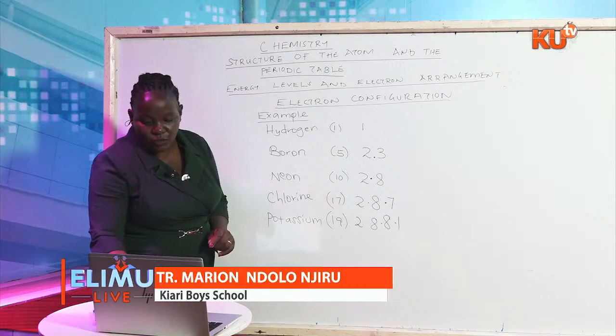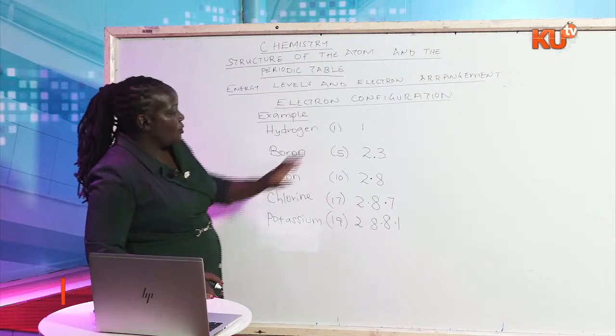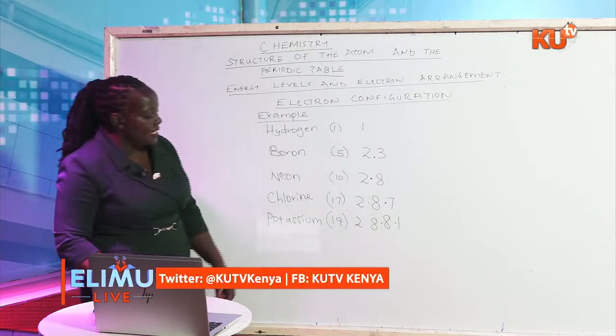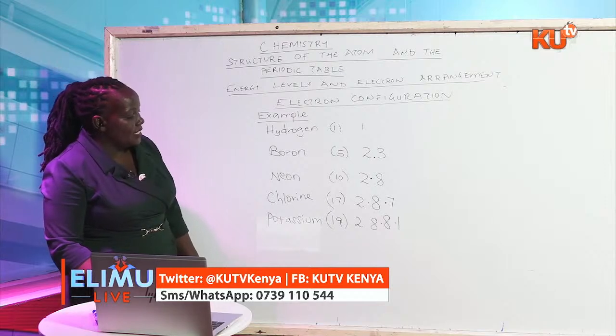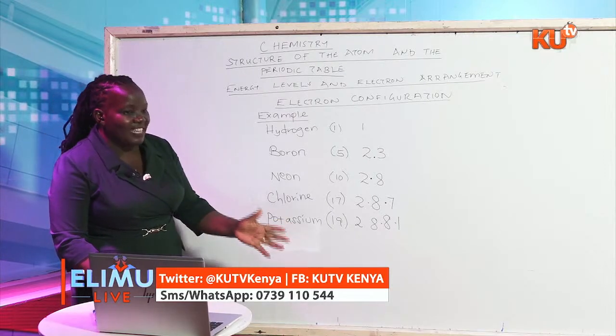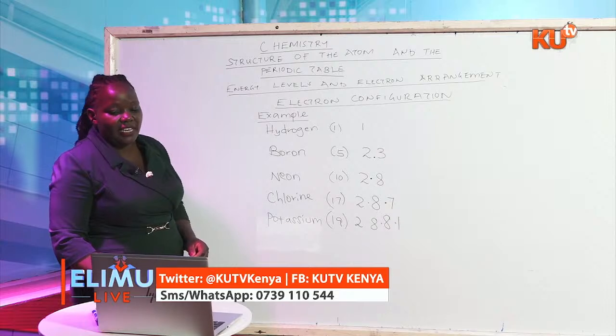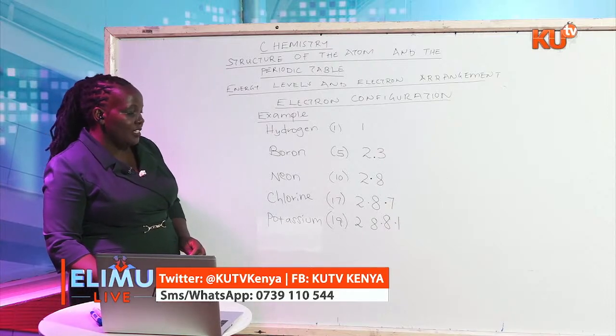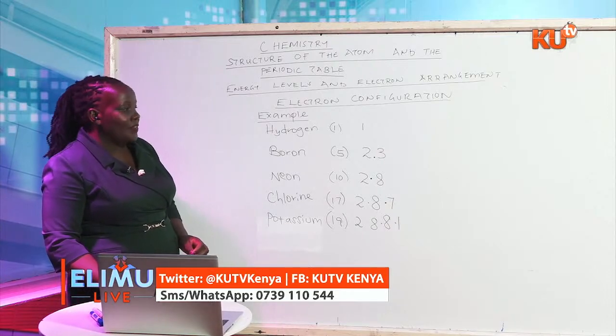If you look at the way we have represented the electron arrangement, we are just using numbers indicating the number of electrons in each energy level.